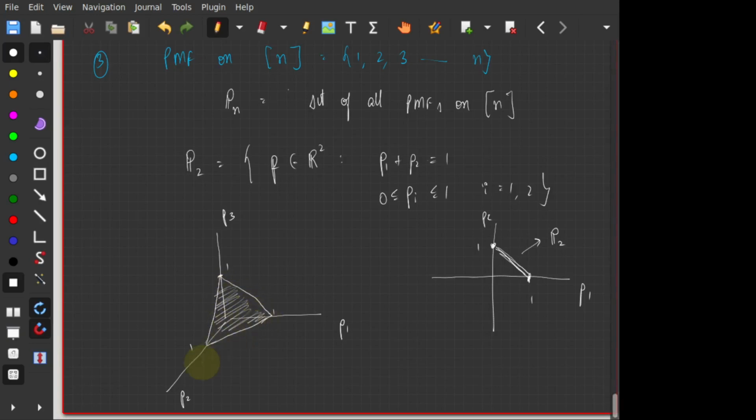So it's a two-dimensional set in R3. Right? It's just a triangle with vertices at (1, 0, 0), (0, 1, 0), and (0, 0, 1). So this would be my P3.